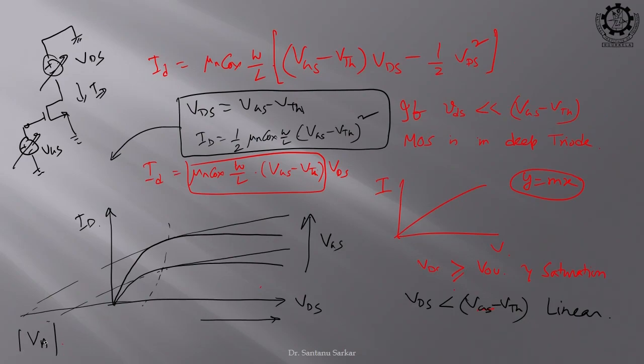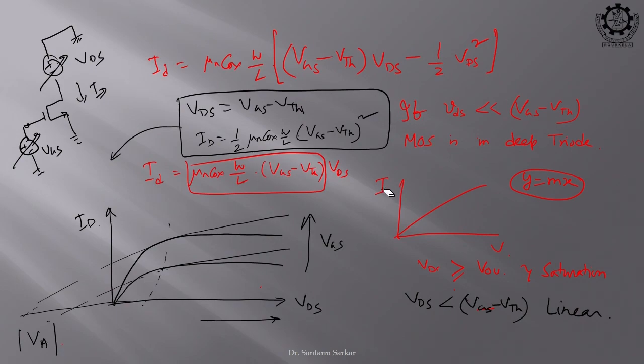So, if this is the reality, then I need to change my equation. How can we change the equation so that it will depend on VDS also? 1 plus lambda VDS. So, what is this known as? Channel length modulation effect, right.